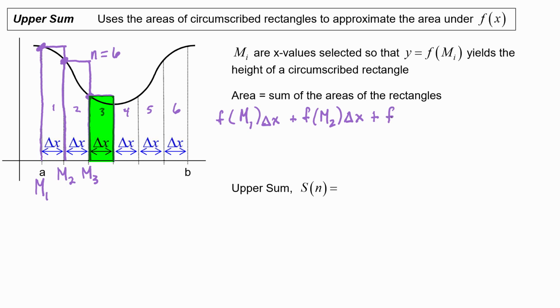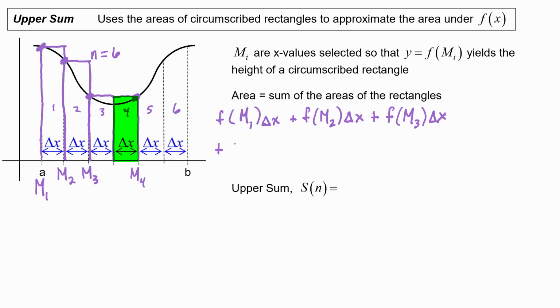So we add f of capital M3 delta x plus, for area 4, notice we will need to skip over this x value and choose this x value for capital M4, so that f of M4 gives us the circumscribed rectangle.